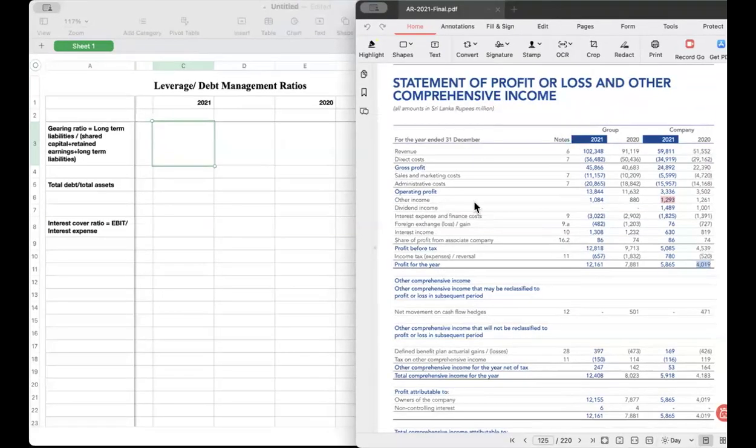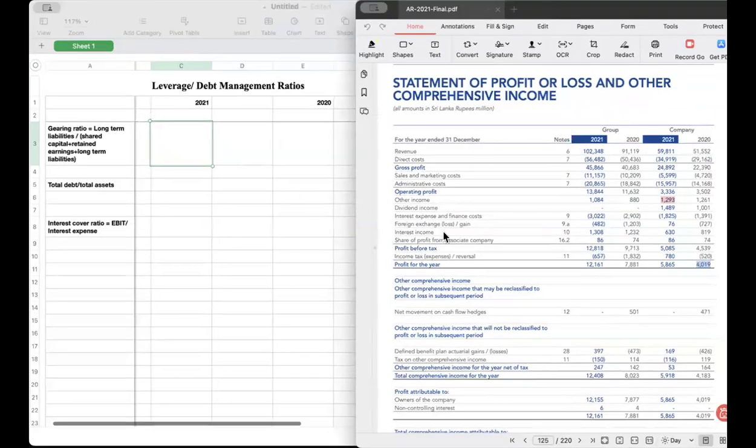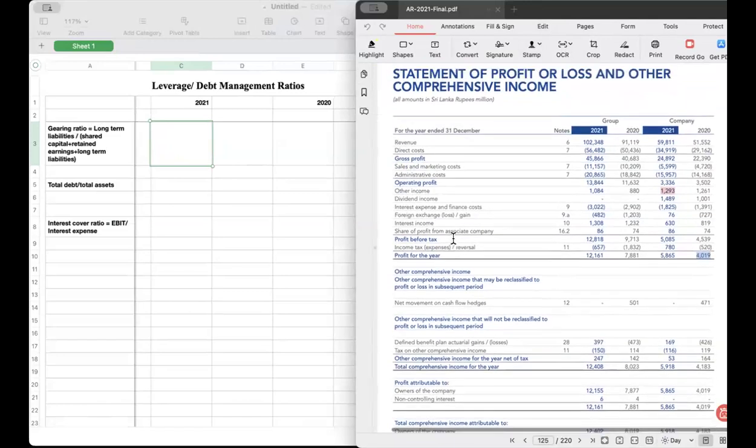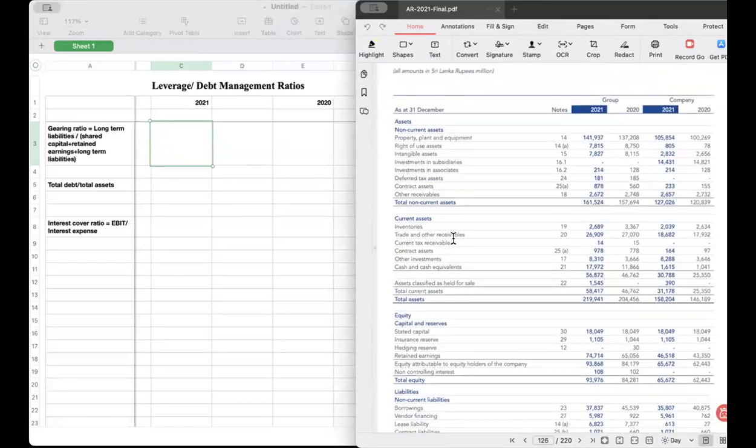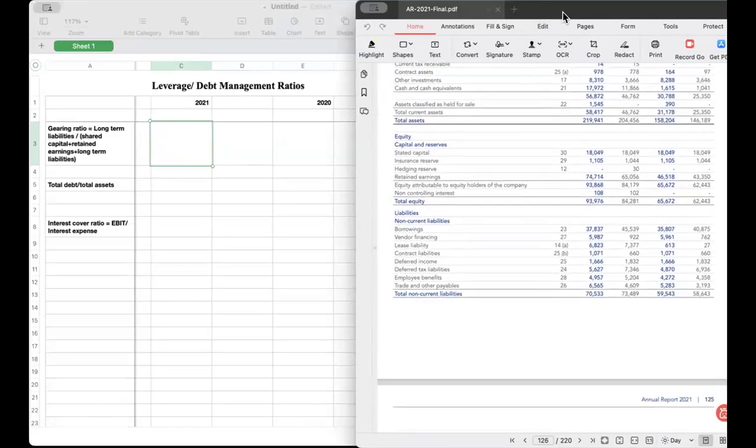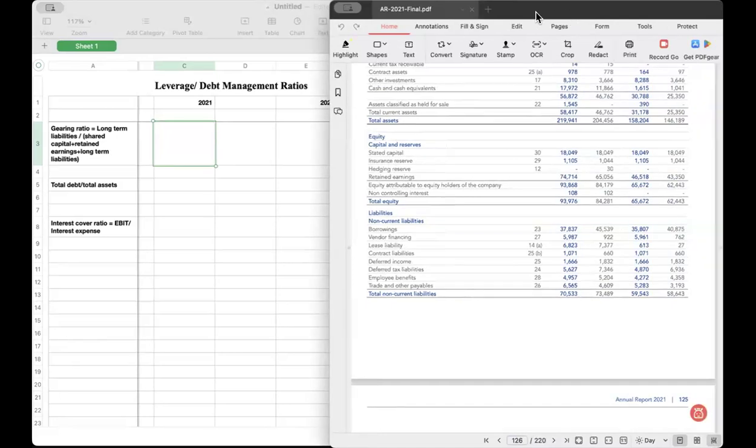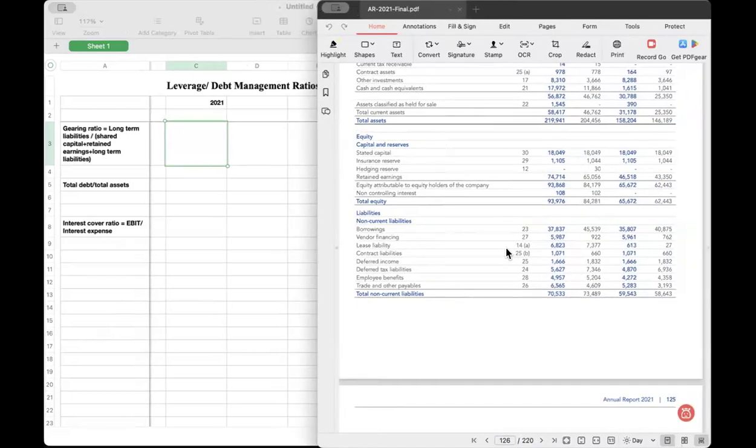For the gearing ratio, we have to take the long-term liabilities into consideration. Now let's look into the long-term liabilities. Here we are going to take 2021 borrowings, lease liability, contract liabilities. It is under non-current, so it is a long-term liability.